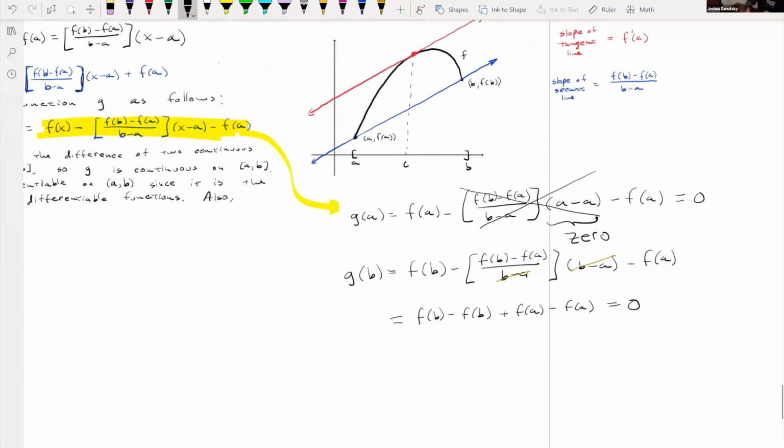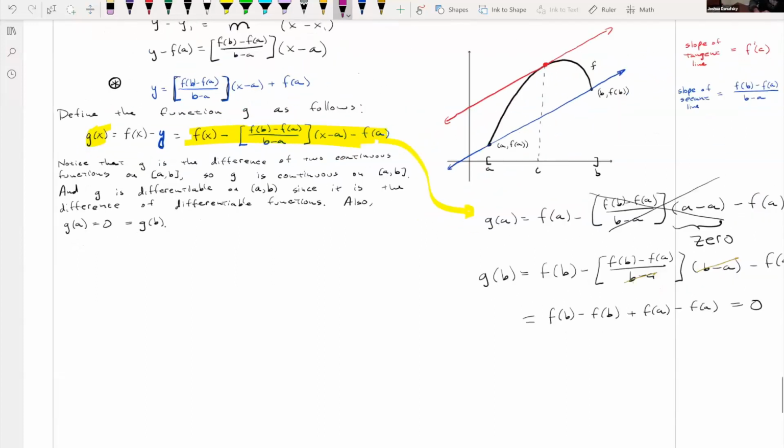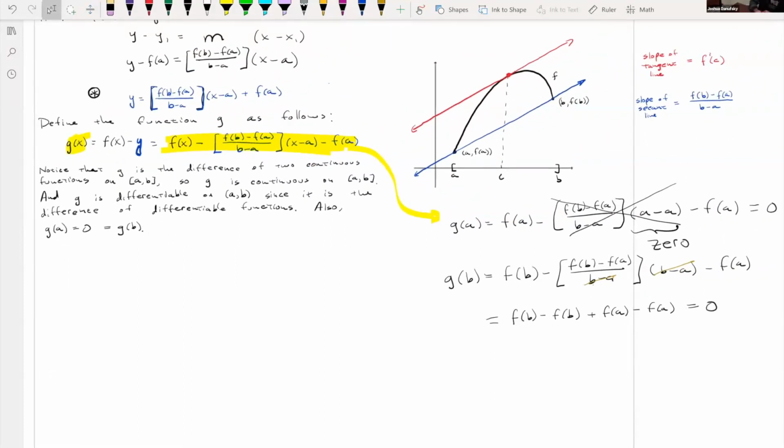So what we have here is 3 statements about the function g. Okay, we said 1, g is continuous on AB. So I'm going to put a little 1 there. We have 2, g is differentiable on AB.